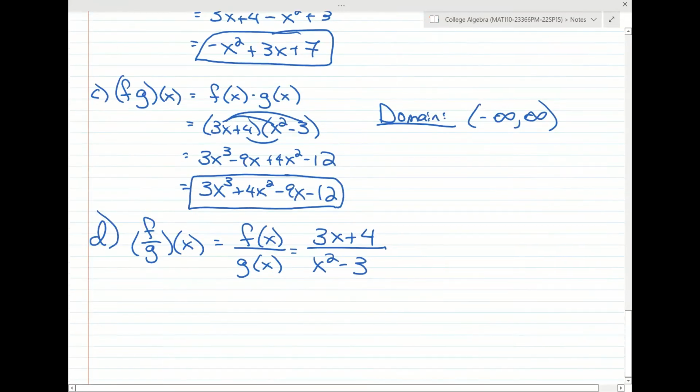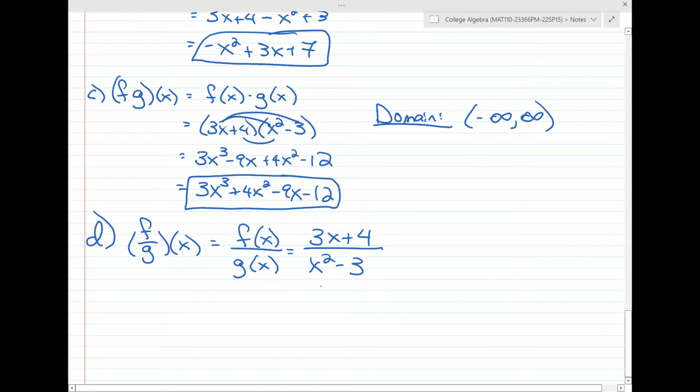About domain restrictions, we do have a denominator here. The denominator can't equal 0. That was one of the restrictions that we talked about. I'm going to say x squared minus 3 is equal to 0.